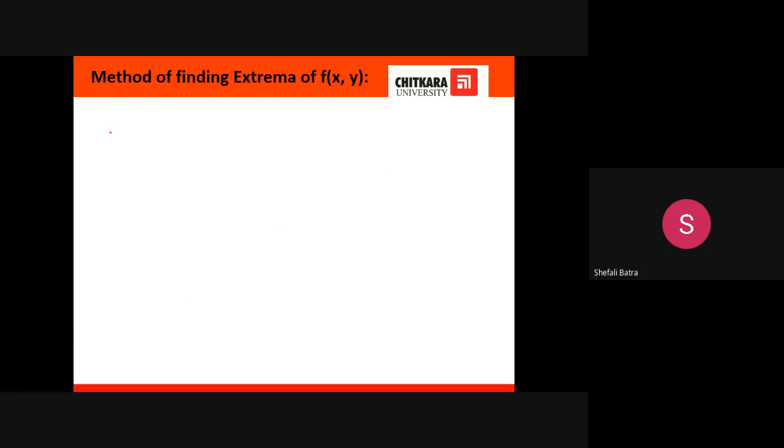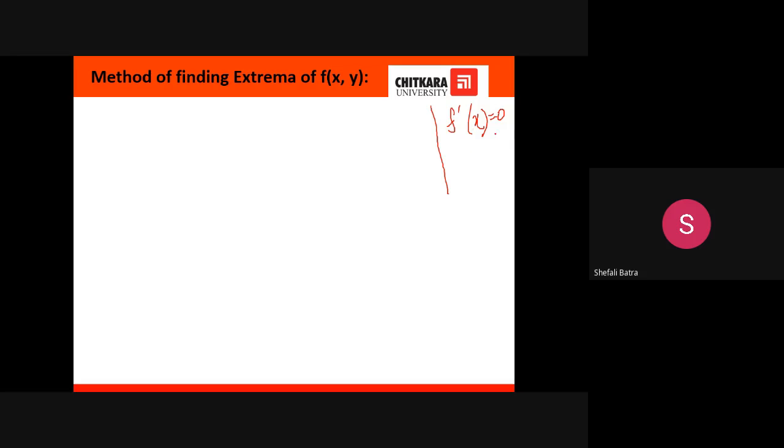Now, how to find the extrema for function of x comma y? To find the critical point in the function of single variable, we use first order derivative test. That would be f dash x is equal to 0. That means to find the critical point, we use first order derivative test.